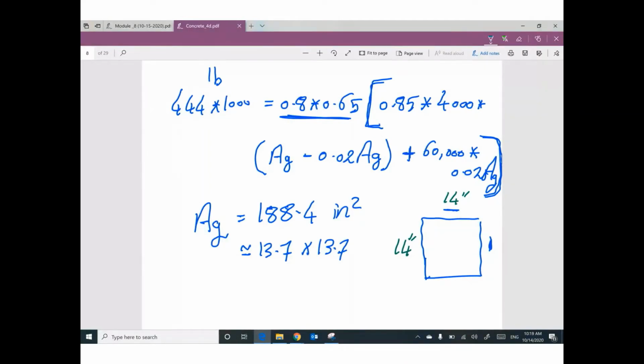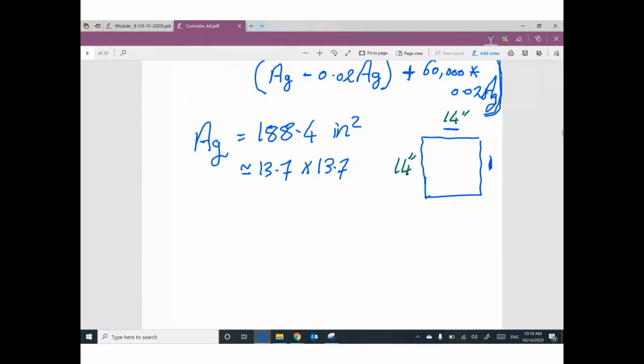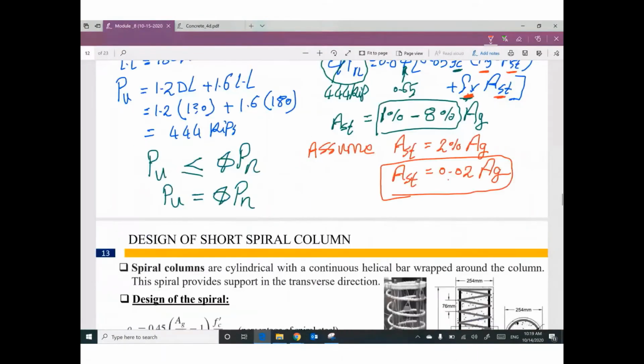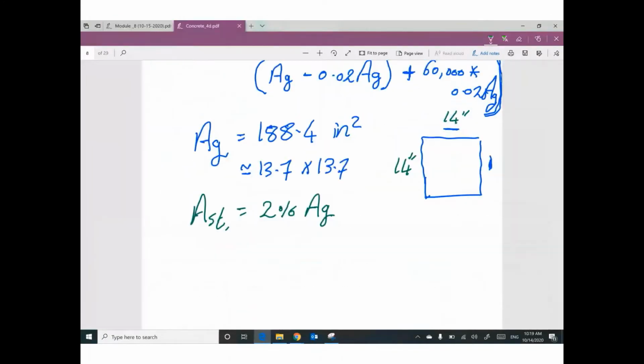So area steel will be 2% of the area gross. Do you remember? You assumed this in your design. So please complete your assumption. So 2% from what?